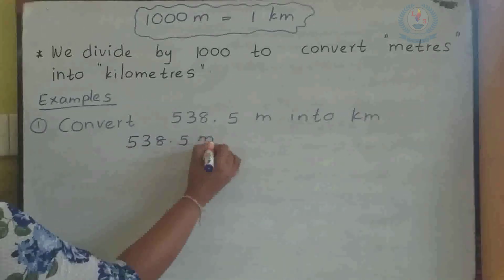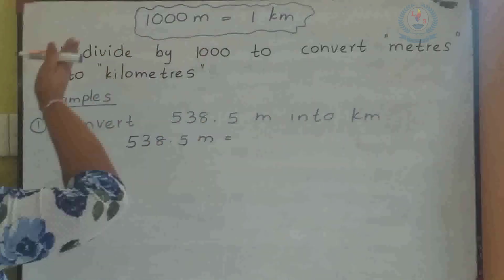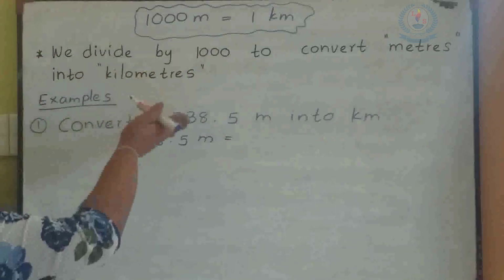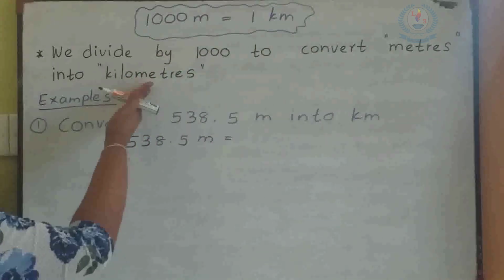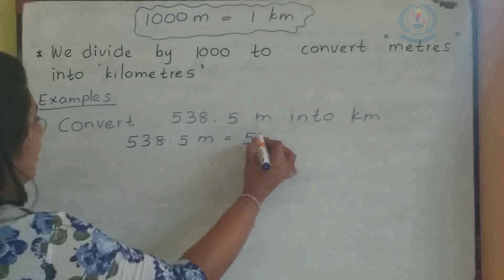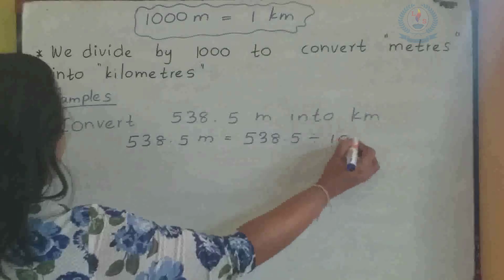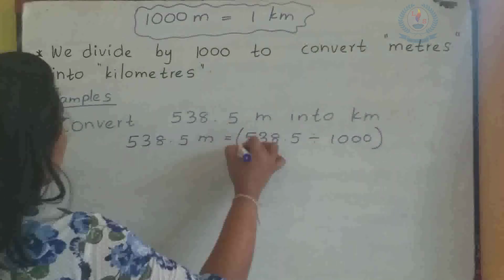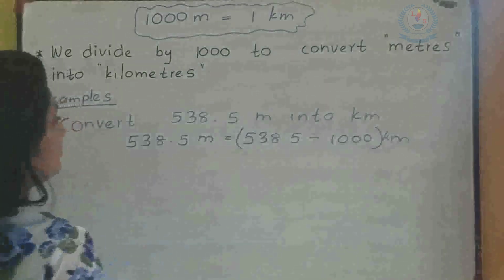Here we have to divide the given value by 1000 to convert that meters value into a kilometers value. Now I have to divide this 538.5 by 1000 to get the kilometers value.